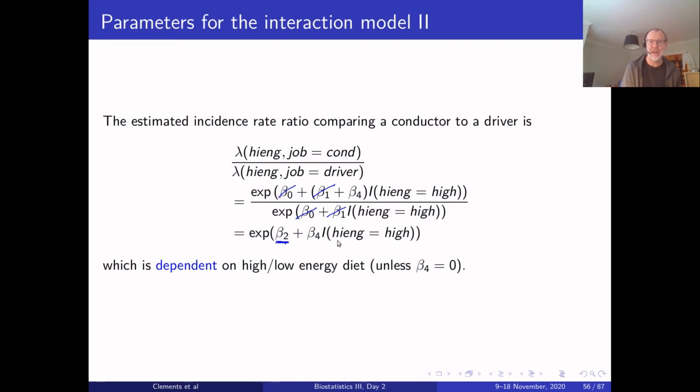And if they're on a high energy diet, it'll be this plus this. And again, this is dependent on whether they have a low or a high energy diet, unless beta 4 is equal to 0.